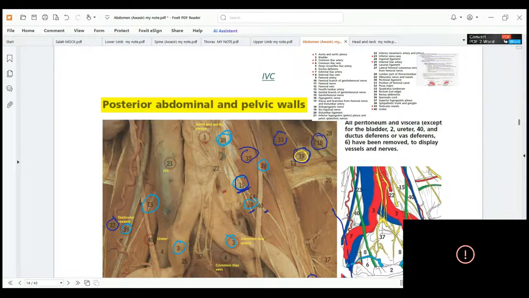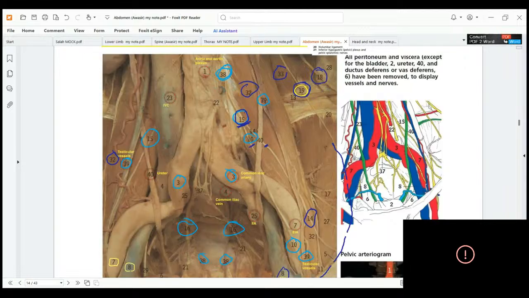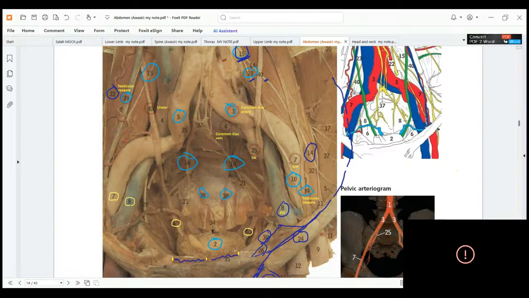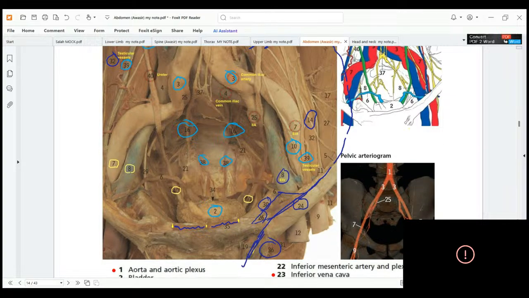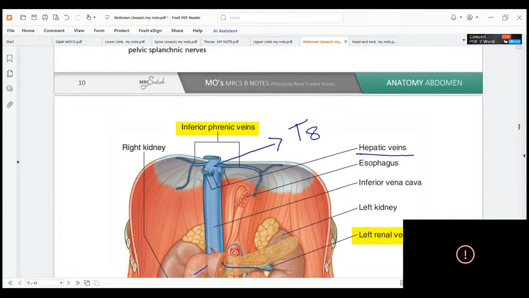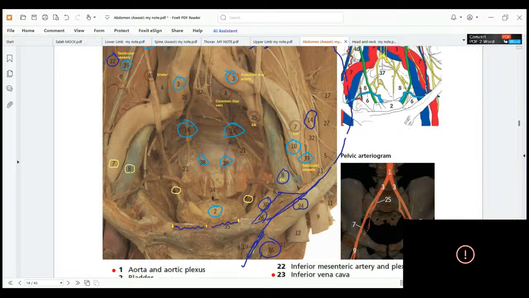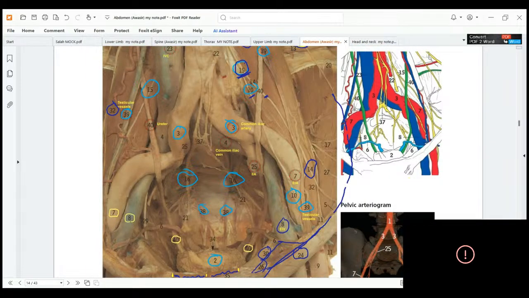Testicular vessel. And 40 is ureter. 40 coming here from above, going down. Ureter.